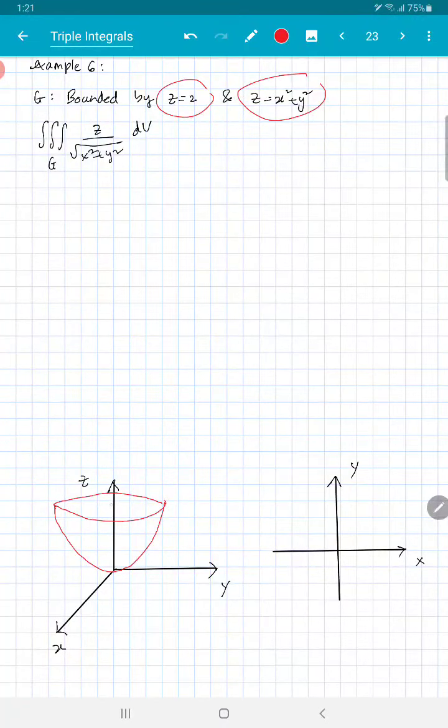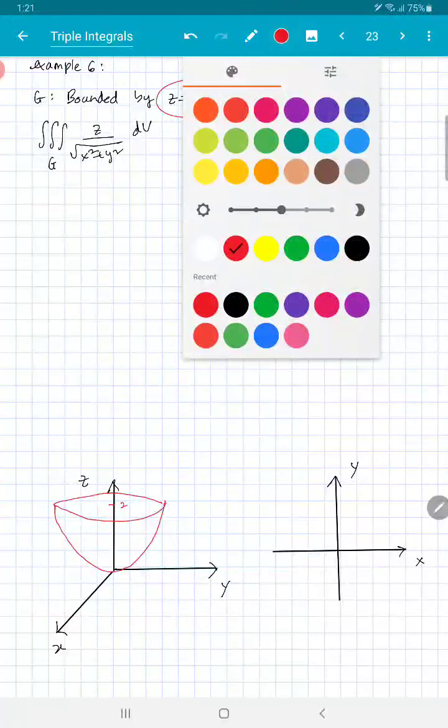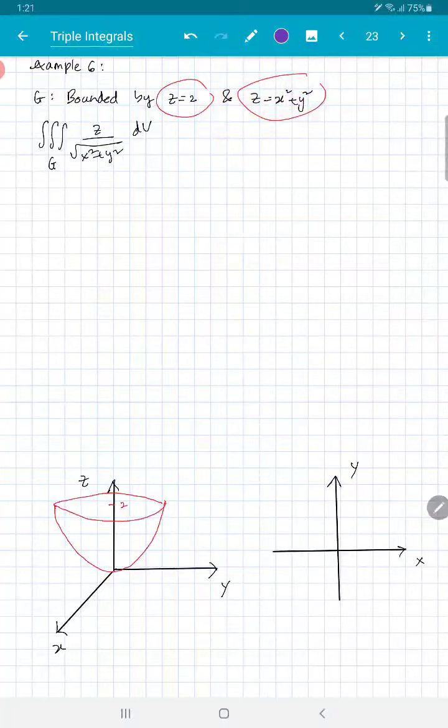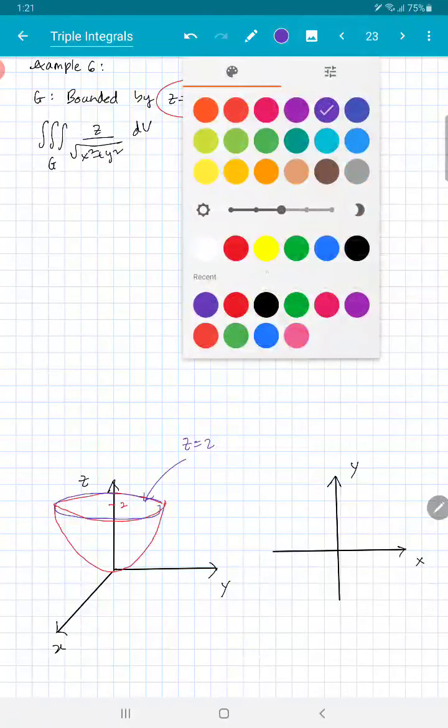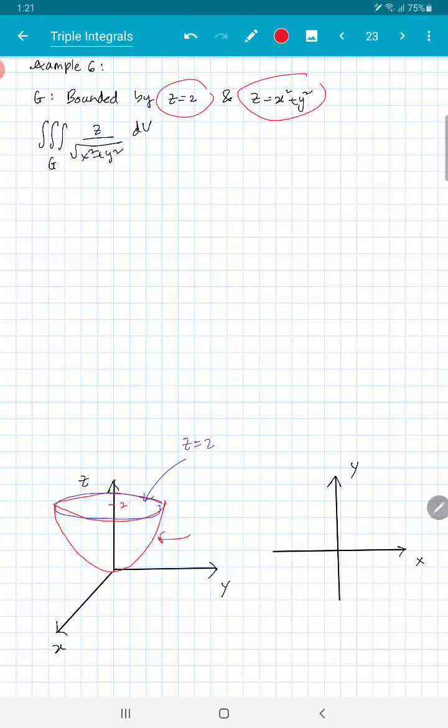So here we have the horizontal plane z equals 2, and here we have the paraboloid z equals x squared plus y squared. Now we're going to use cylindrical coordinates.